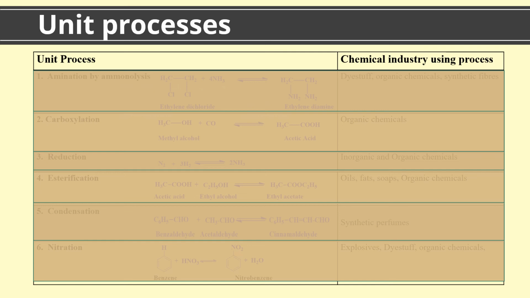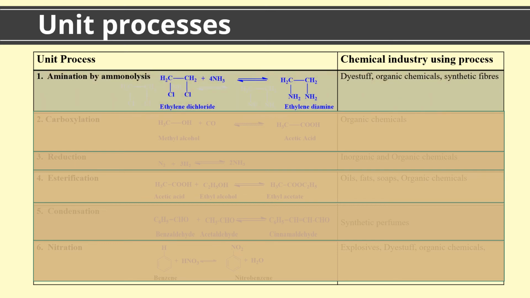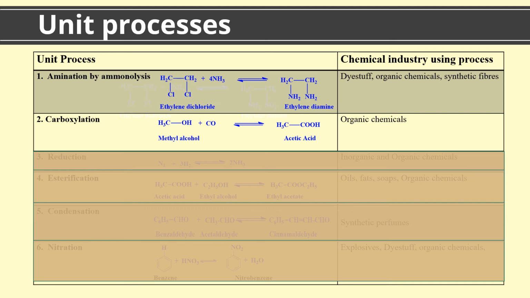Let us consider some unit processes and the chemical industries using them. For example, amination by ammonolysis, in which ethylene dichloride is converted into ethylene diamine. Industries using it are dyestuff, organic chemicals and synthetic fibers. Carboxylation, methyl alcohol is converted into acetic acid, organic chemical industry.